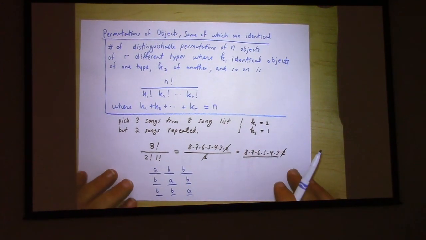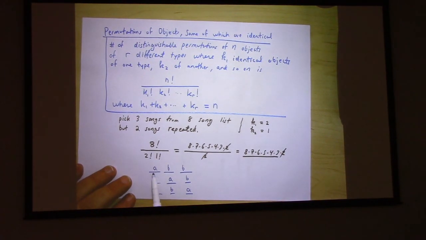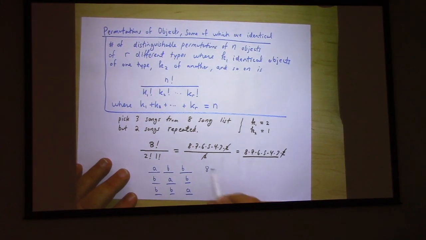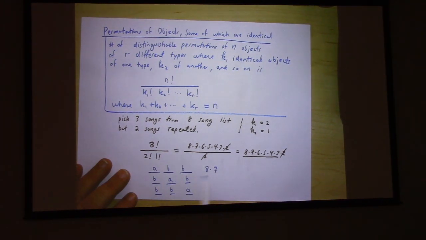In this first case, how many choices do you have for A? Well, there are 8 songs, so you've got 8. How many choices do you have for B? You have 7 choices. So I have 56 possible choices like that. Of the BAB pattern, how many choices for B?